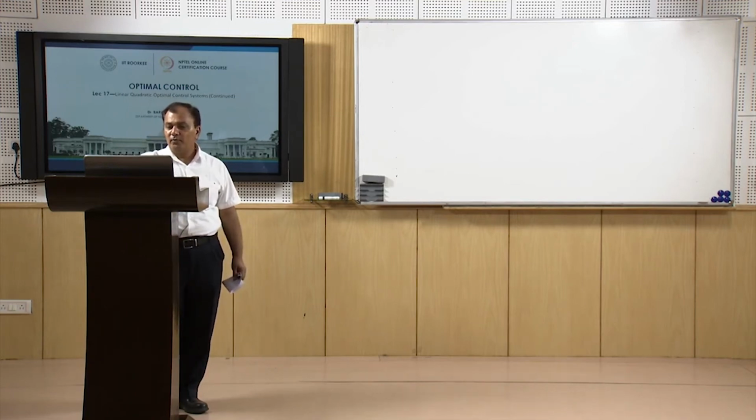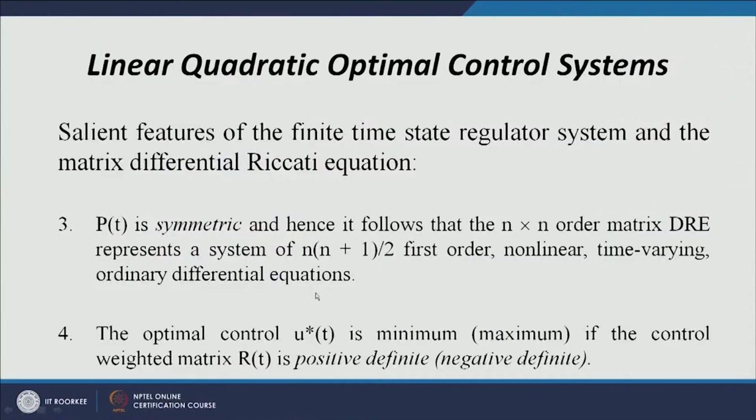So, the total number of Riccati equations will be n(n+1)/2. And these are first order non-linear time varying ordinary differential equations, and any differential equation solution algorithm can be utilized to solve them, like Runge-Kutta and Euler methods.